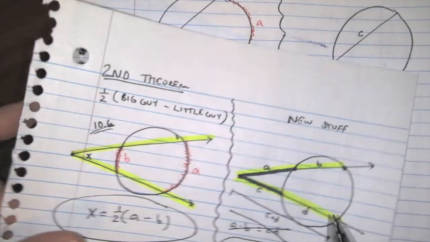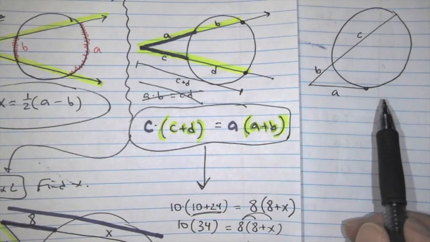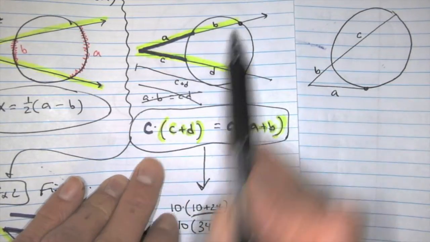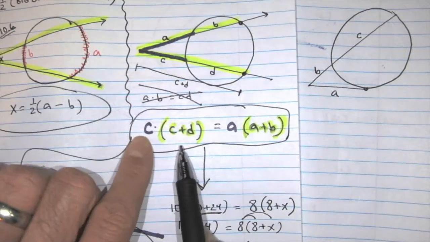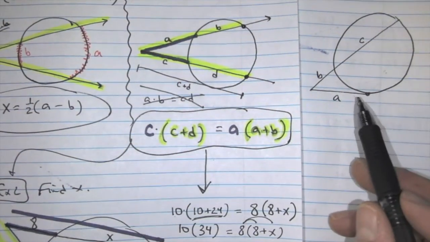Because if you understood this, everybody, you're going to get this very easily. So let's go back to this for 10 seconds. That outside piece times the entire thing equals this outside piece times the entire thing. C times C plus D equals A times A plus B. This is really the same thing.